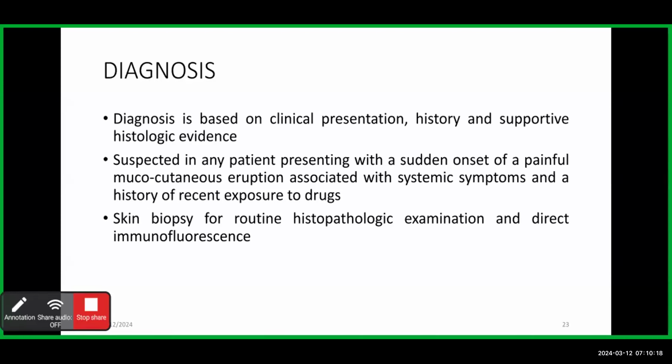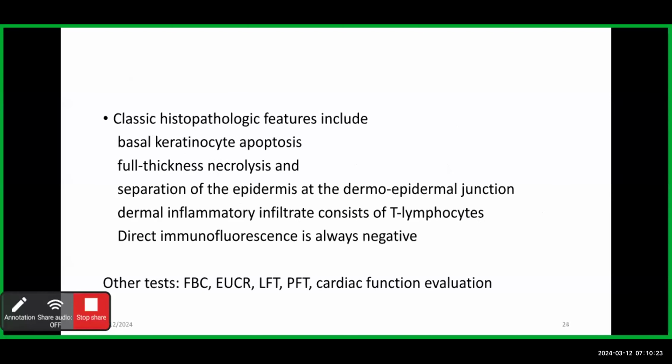And like I said, you can support your diagnosis with histological findings from skin biopsy. And the classical histopathological features include basal keratinocyte apoptosis, full thickness necrosis, and separation of the epidermis at the dermal-epidermal junction. Then you can also see some mild infiltrate of T lymphocytes, and the direct immunofluorescence is always negative.